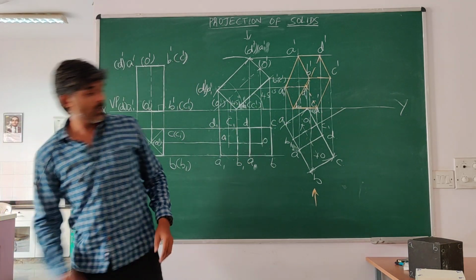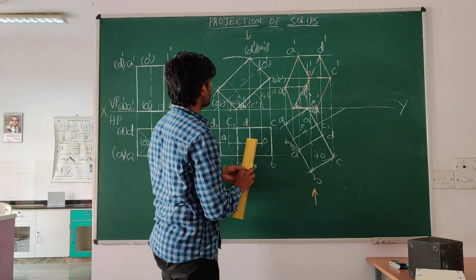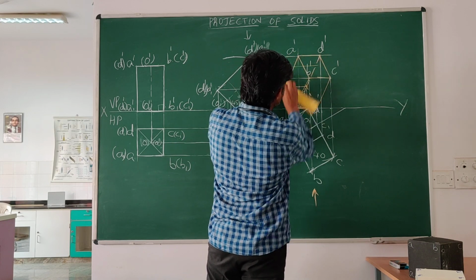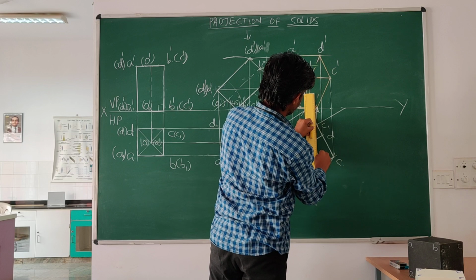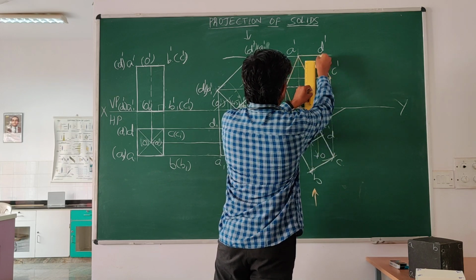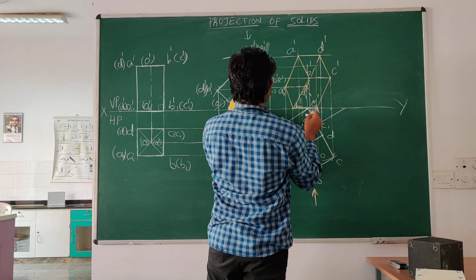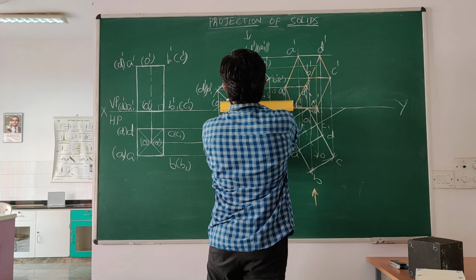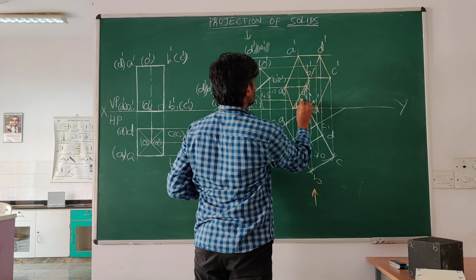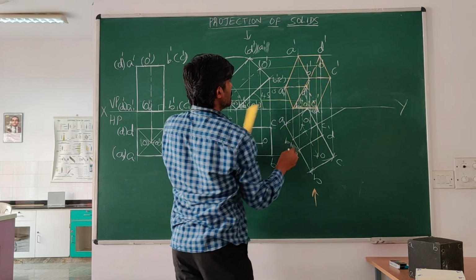However, if you want, you can just draw the position of the axis. So this is O dash O1 dash.